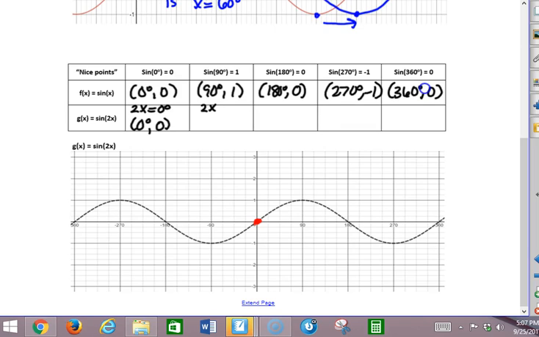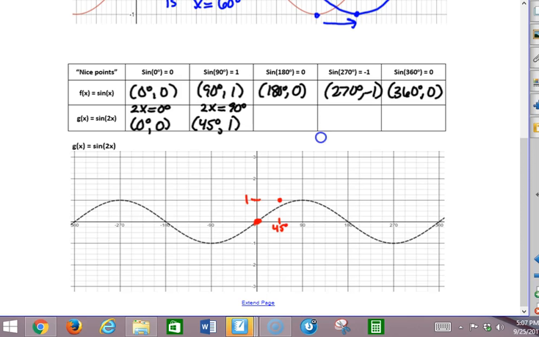Now I want 2x to equal 90 degrees, because I want sine of 2x to equal 1. So I need 2x to equal 90, so x would have to equal 45 degrees, so that y would be 1. So now my point is at 45 degrees 1.